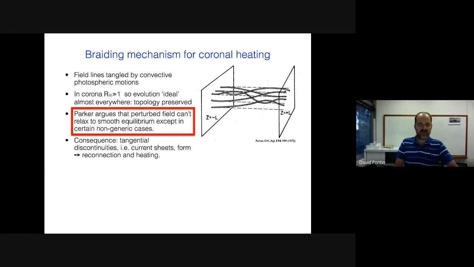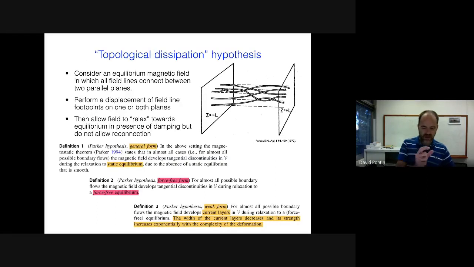And so this part of the process, in the red box, is what's known as the Parker problem. This is the hypothesis that the field doesn't have a smooth equilibrium. And to home in on that part of the process in a bit more detail, this is the basic idea that Parker put forward.